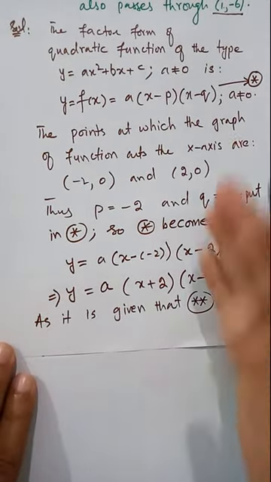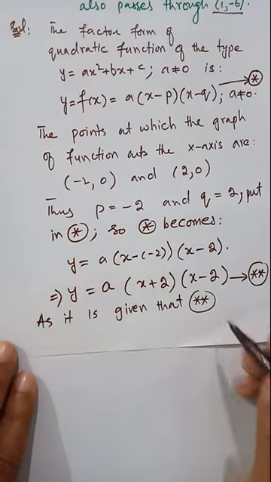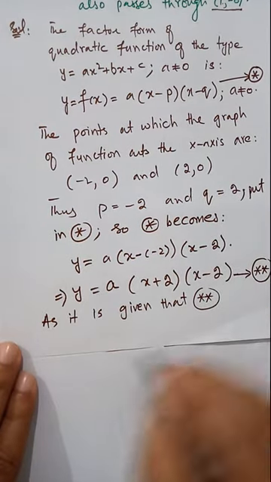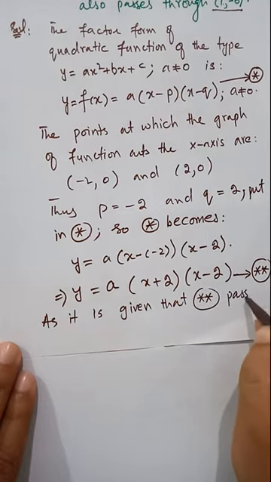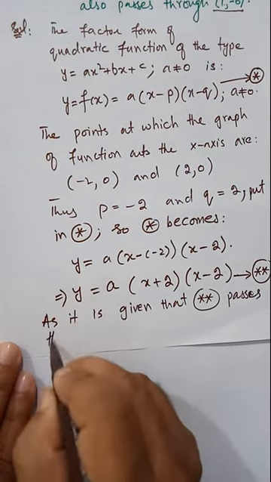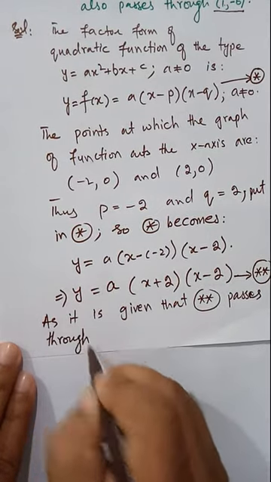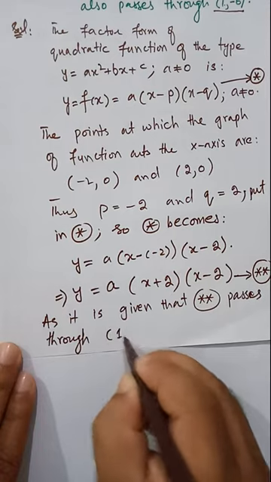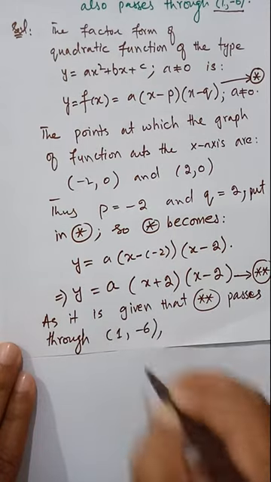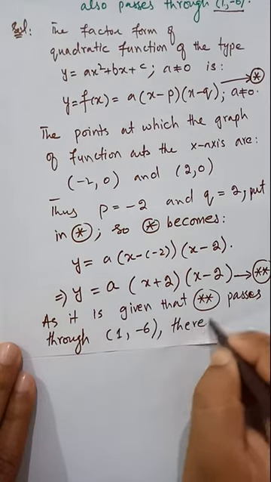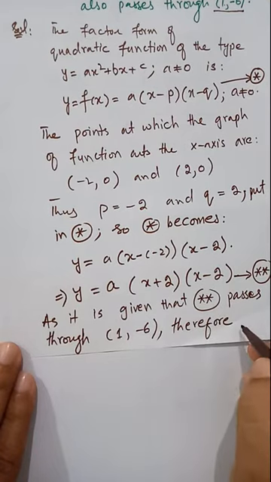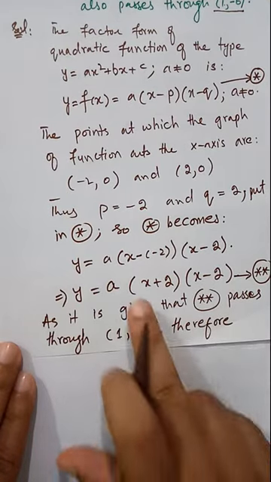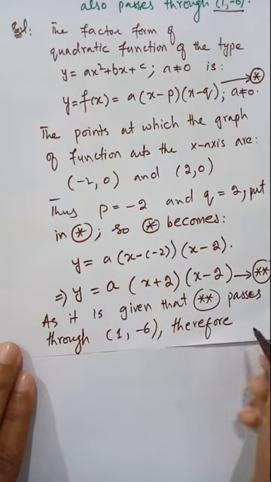It is given that double star passes through (1, -6). Therefore it must satisfy this equation.